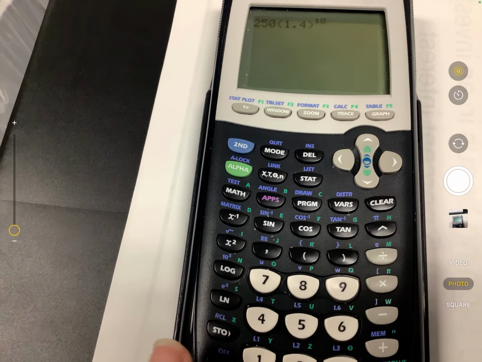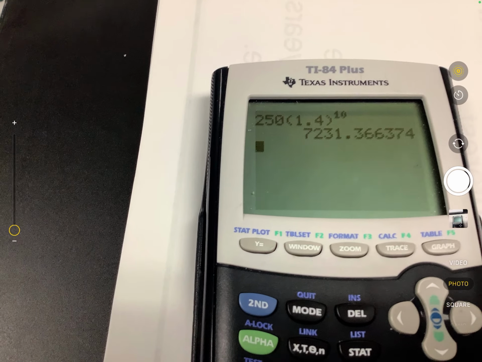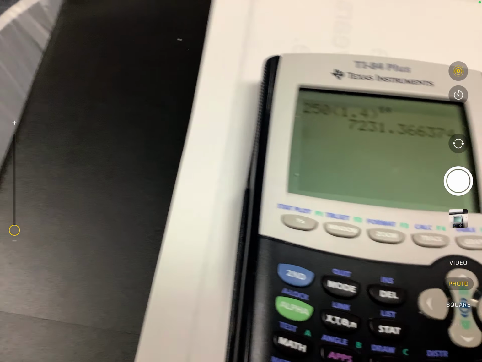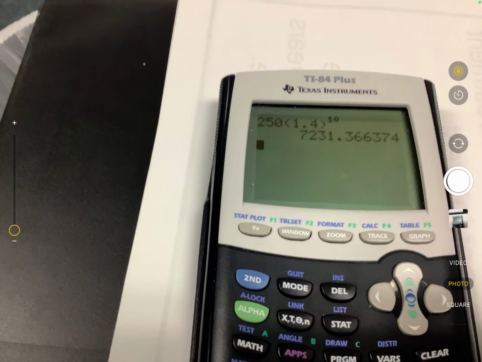So it would be around 7,231.37 cases. So we're talking about cases here, so we're not going to have a percentage or a decimal. So we will estimate 7,231 cases.